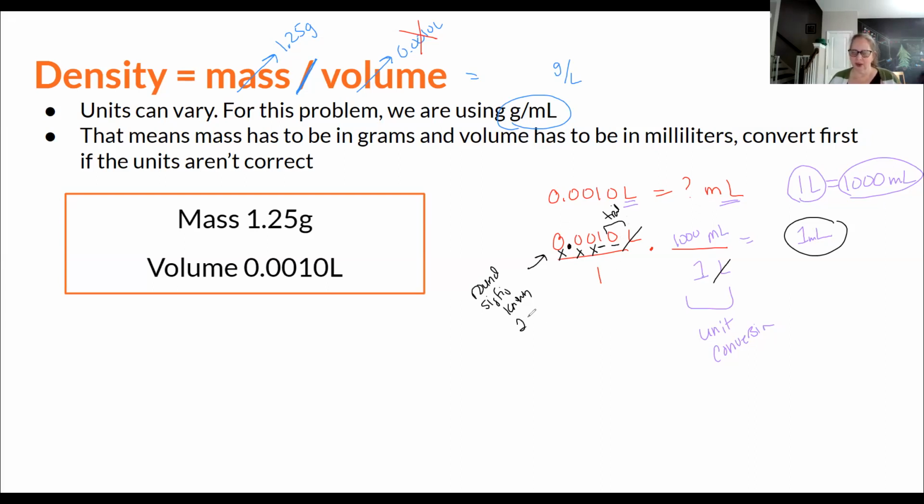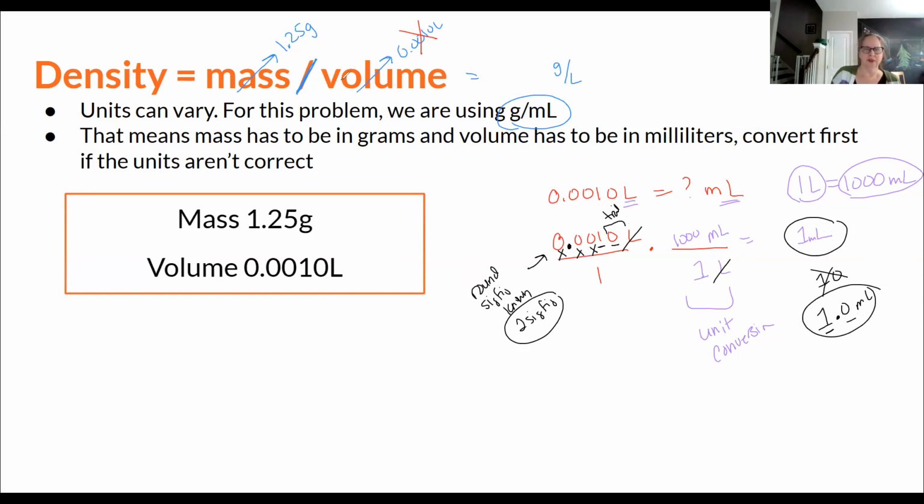So I need to round my answer to 2 sig figs. With 10, I can't just add a 0, that's 100. 10 and 100 are two totally different things. But I can add a decimal place, 10. milliliters. Non-zero significant, if I see the decimal, trailing significant.